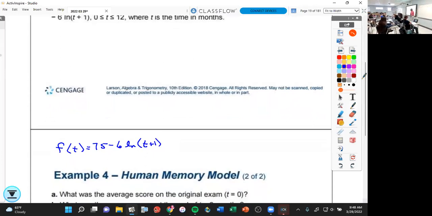Okay. It's 75 minus 6 times the natural log of 1. What is the natural log of 1? Natural log of 1 is 0, isn't it? So it's 75 minus 0, because 6 times 0 is still 0. So what is the average score on the original exam? Better be 75.